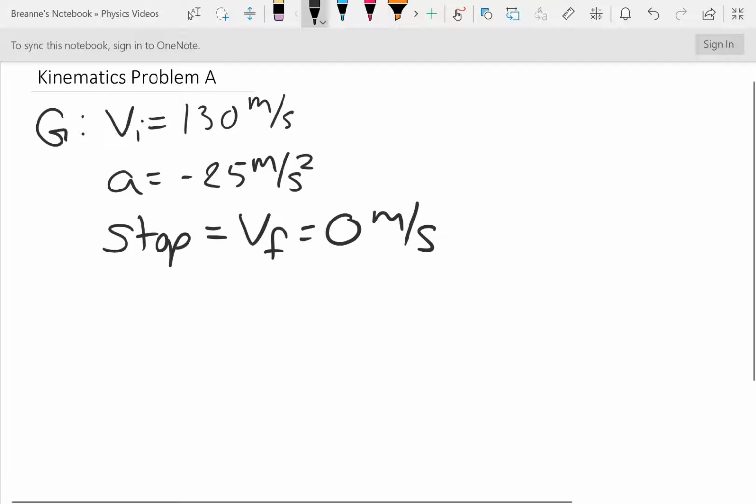The car is moving at 130 meters per second, slowing down at a rate of 25 meters per second squared, and eventually it comes to a stop. Our unknown is how long it takes to do all of this.